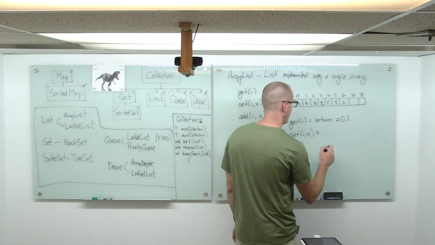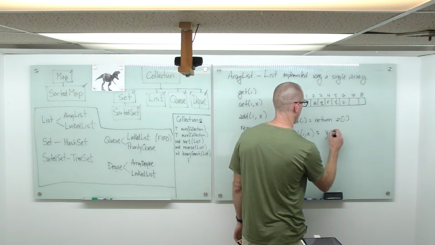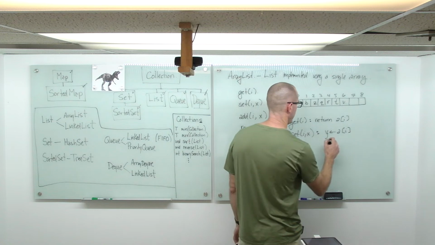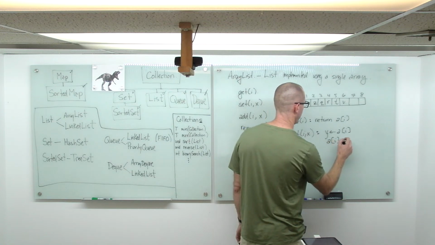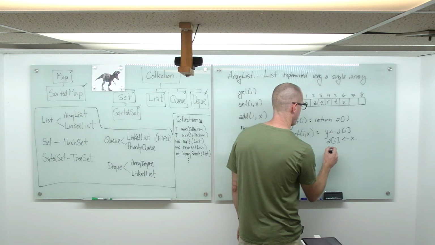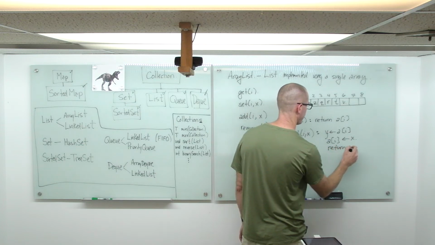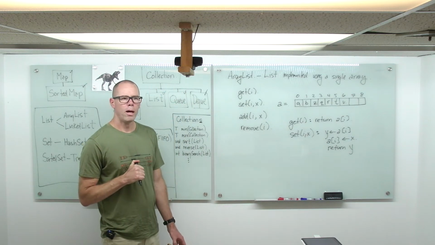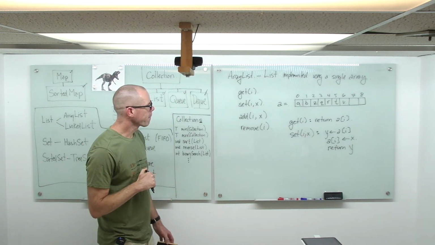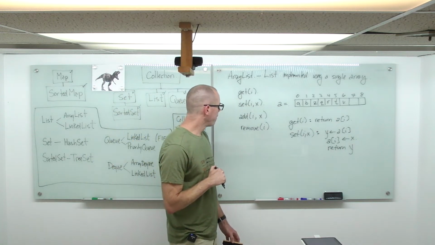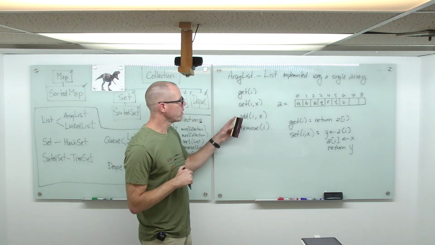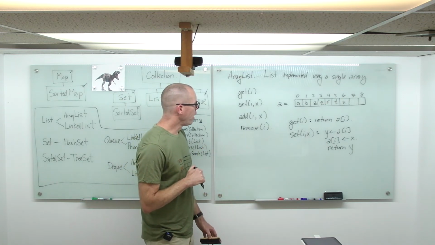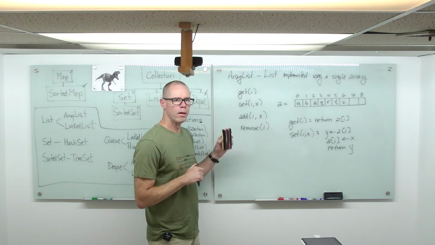You do y gets A at i, saving the value that's currently there, then set A at i equal to x, and then return y. Really easy stuff. These other operations, though, are a little bit different. They're not things that we typically think of doing on arrays.